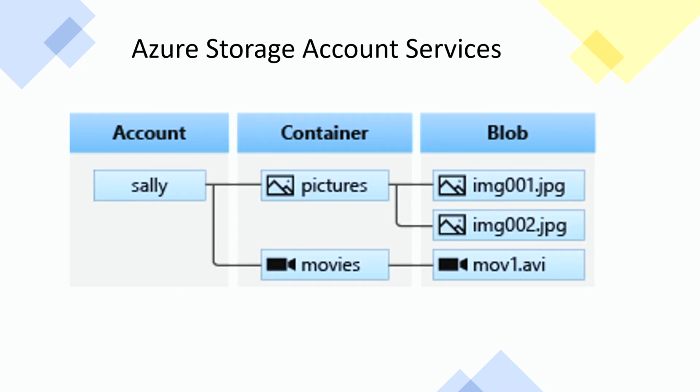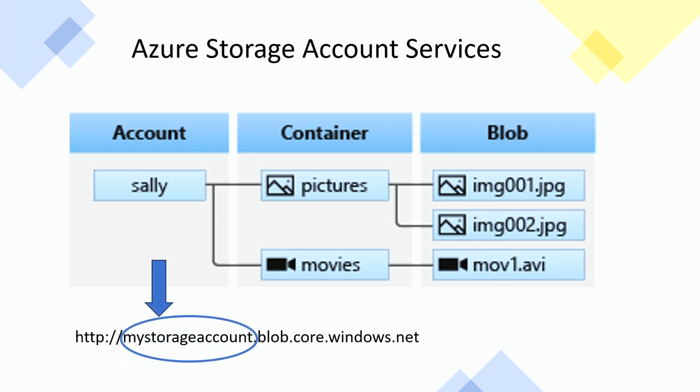When you look at the account structure, this is what you see. You have an account. The account has a container, and a container can have blobs. The account is going to be the one that creates the URL that you're going to be accessing.